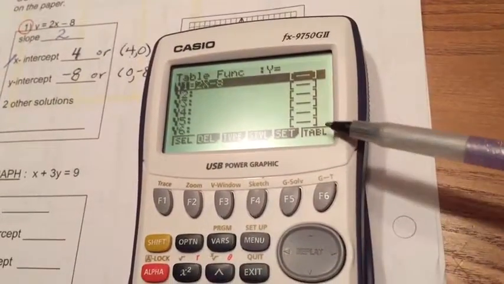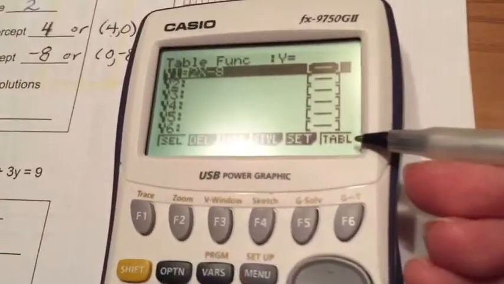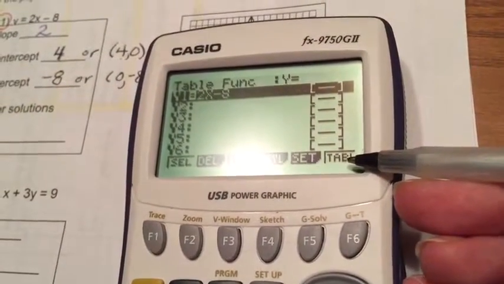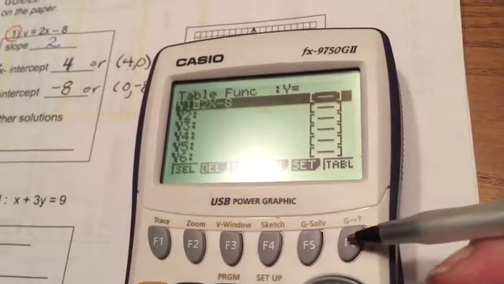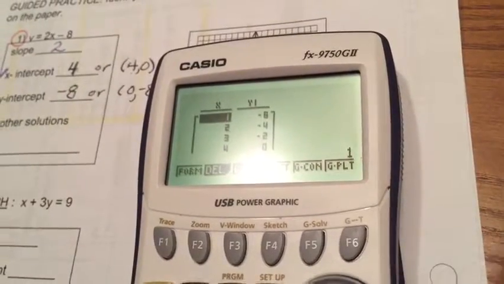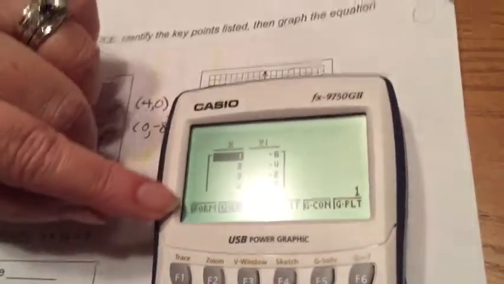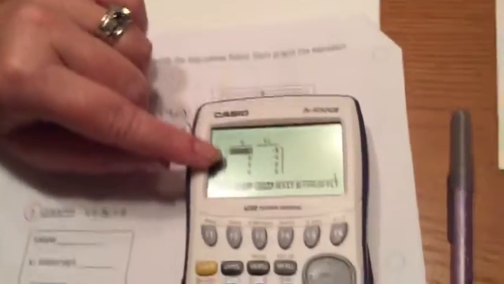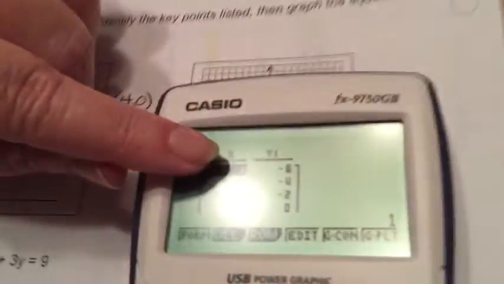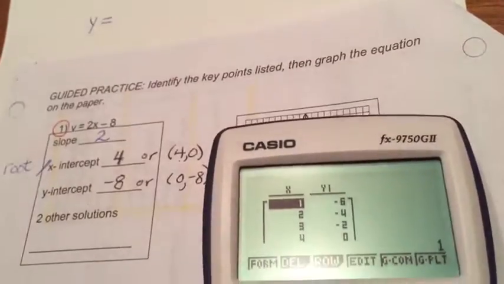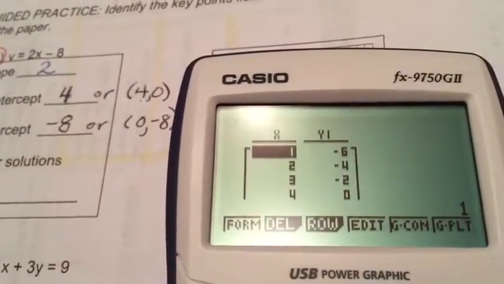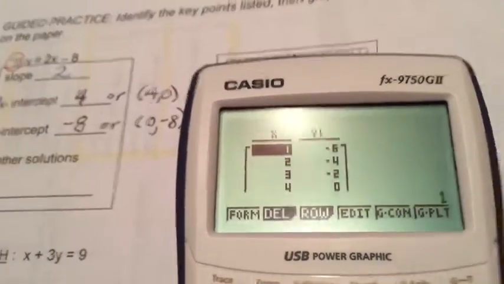But this time I've got a different option. Over here in the corner, it says Table. So I'm going to push the F6 button underneath there so I can get the table. And I get a table of values. Now it only gives you a very small amount. It only gives you the values for 1, 2, 3, and 4. And for right now, that's fine.